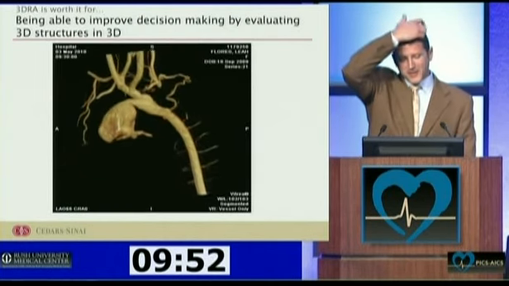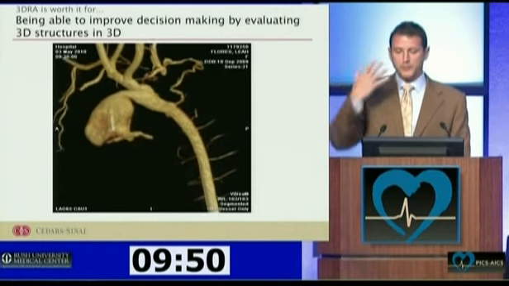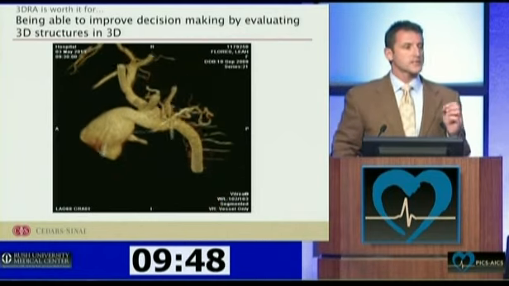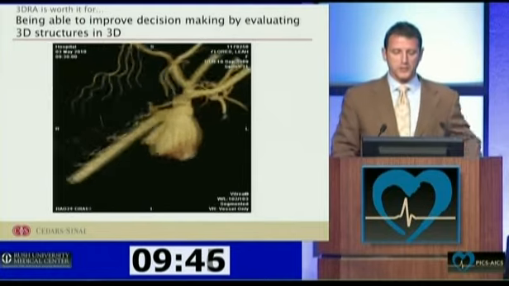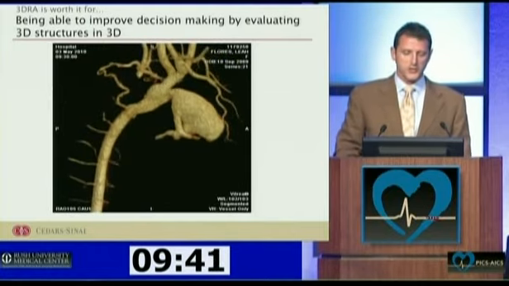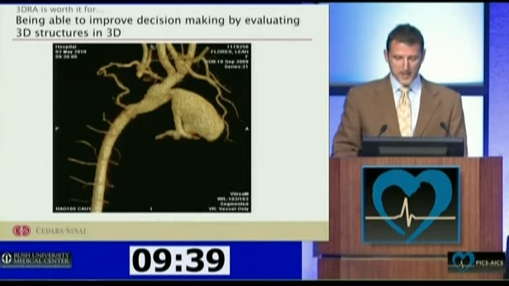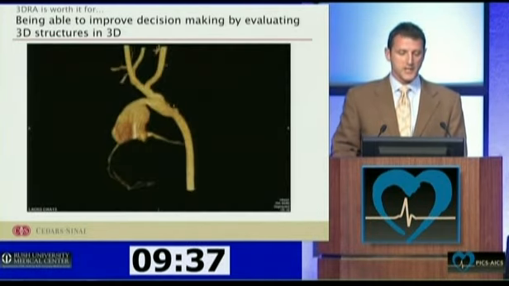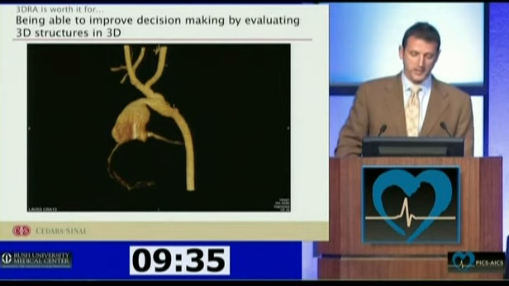We believe that 3D RA is giving us ability to improve our decision making by evaluating some of these complex structures. So a little girl with a very complex aortic arch reconstruction, sort of a single arch into her head and neck vessels, and what amounts to a very important stenosis just proximal to where everything comes off.